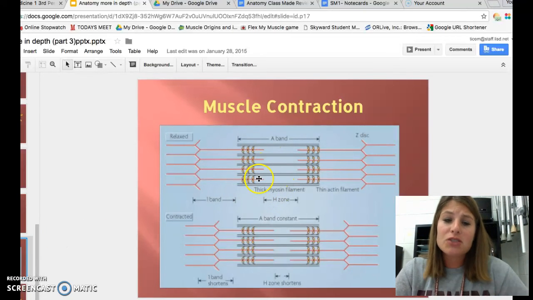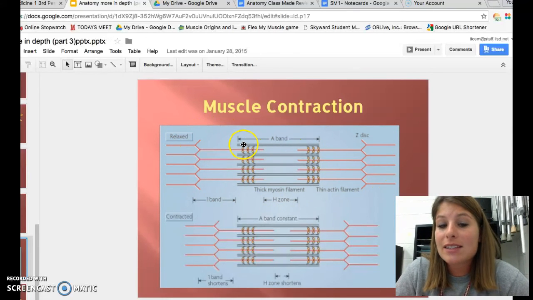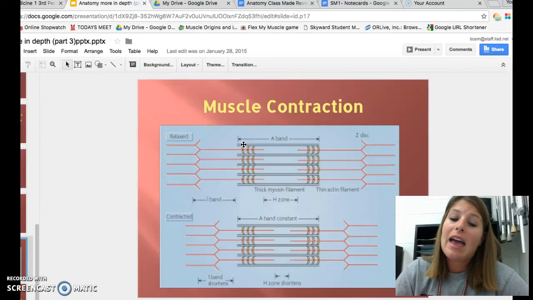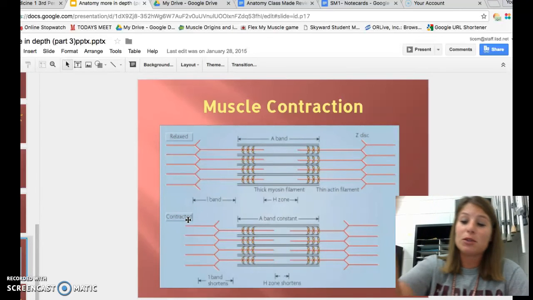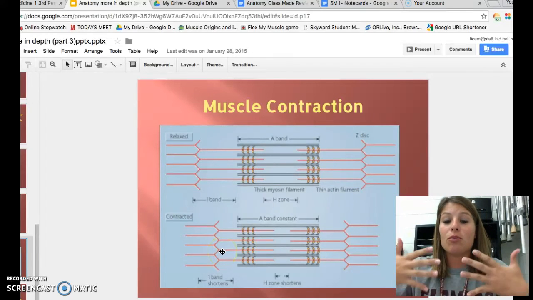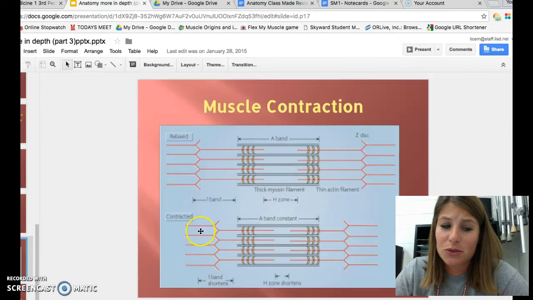So that's what this picture is showing you. The top picture shows the muscle relaxed, with all those muscle fibers as far stretched as they're going to be. The bottom picture shows the muscle being contracted. Like when we were doing our biceps curls in class, those muscle fibers are running on top of each other, and that's what allows that muscle to contract.